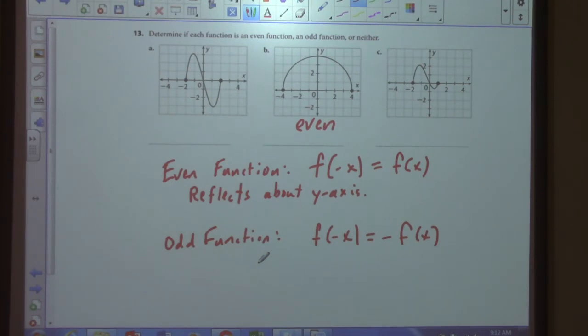I don't like saying that, because to me that doesn't make sense. What about the origin? What this really means is what I call 180-degree rotational symmetry. To me, that just makes more sense this way.